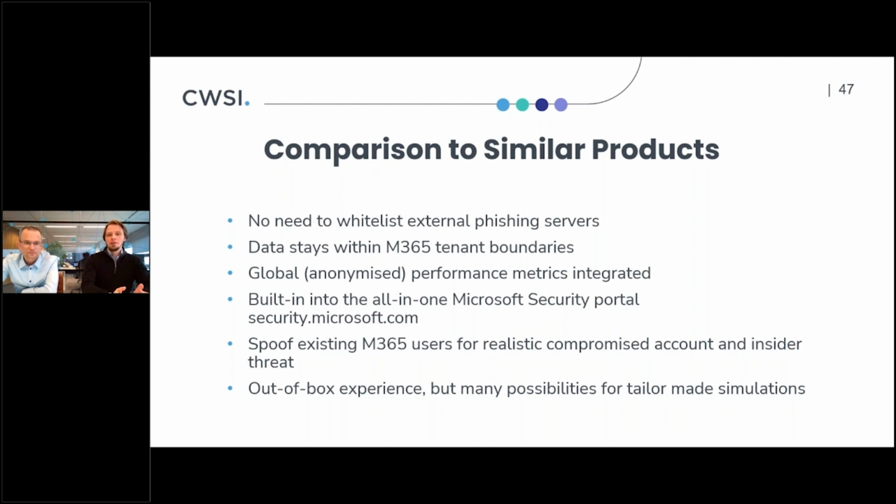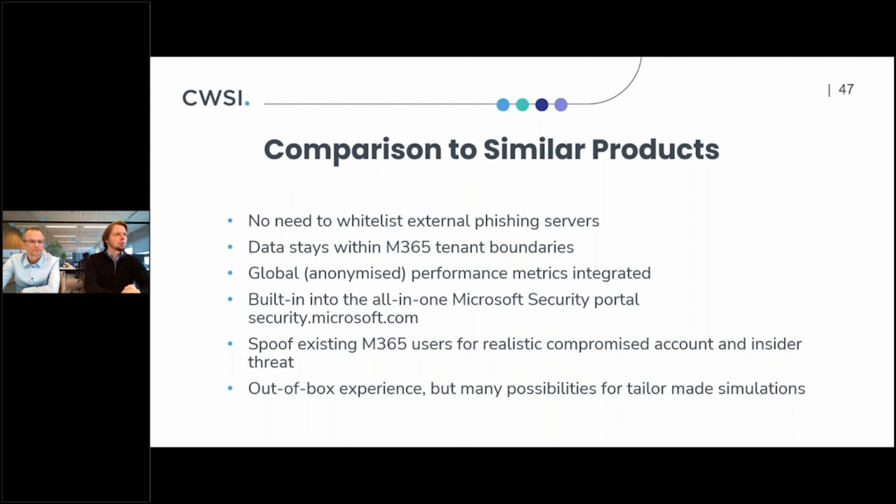And if you work with third-party phishing servers or phishing services, you often run into the problem that you're going to see that the statistics of that platform aren't accurate because it counts the opening of the email and the opening of the links in a sandbox environment by Microsoft as an actual action of the users. You don't have that problem when you use the attack simulation training platform from Microsoft, of course, because that data is accurate.